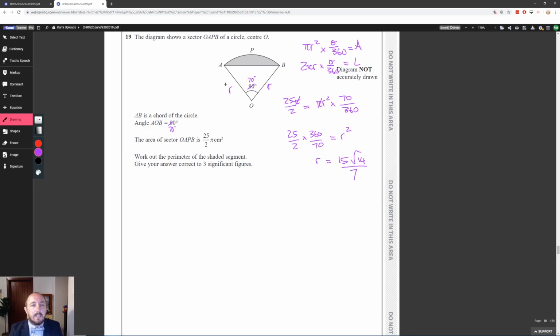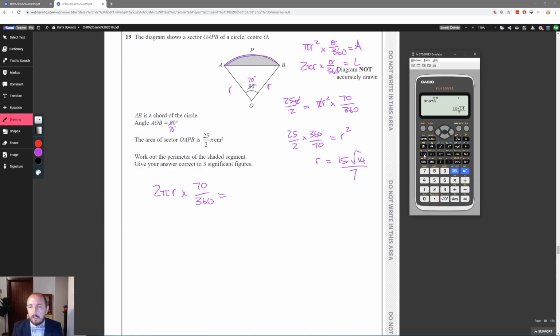And we now need to work out the arc length. Now that we have the radius, we can work out the arc length APB. So 2 pi r times 70 over 360 will give us this part here. So I'm going to store the radius in the calculator, times by 2 pi, and then times by 70 over 360.